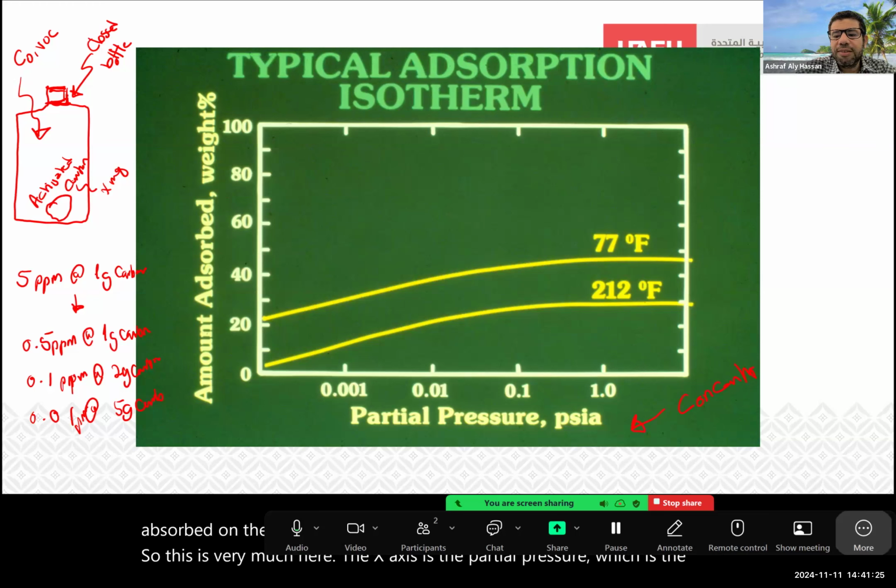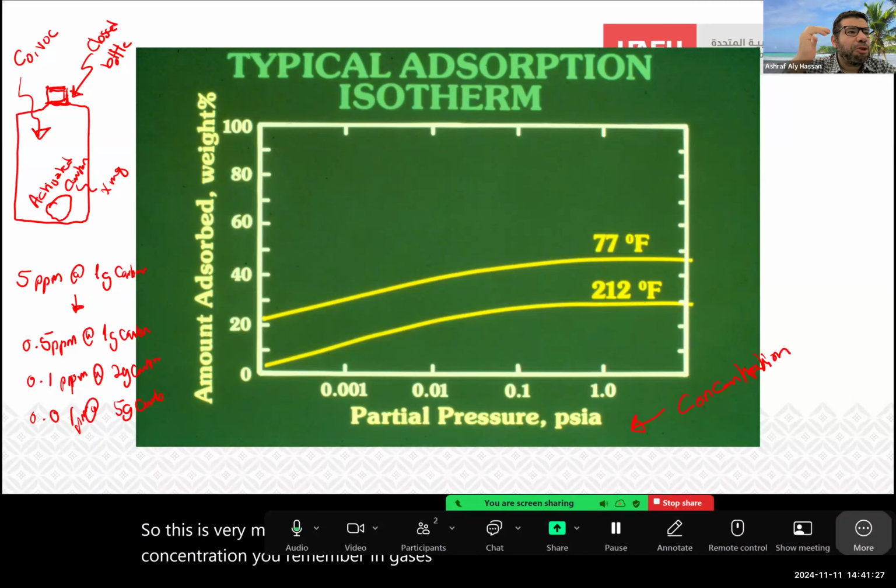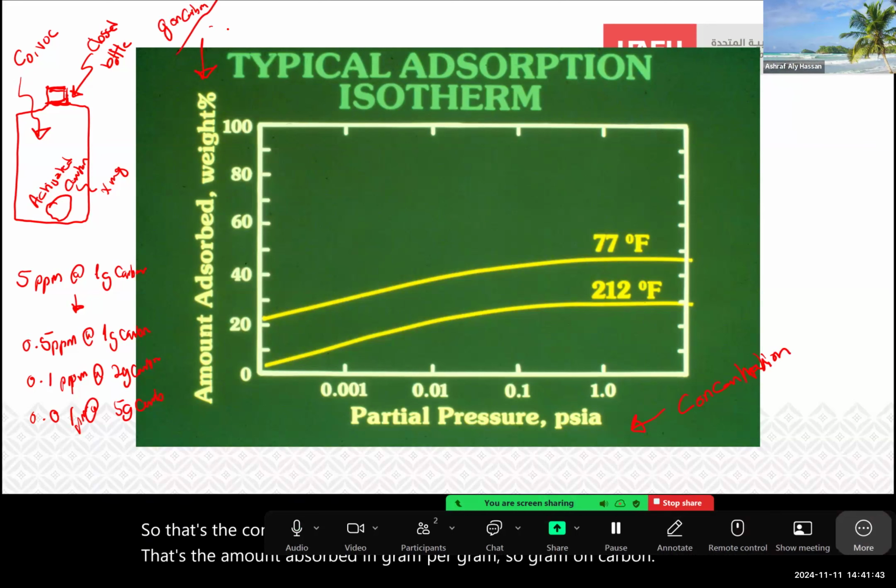You remember in gases, the concentration can be given as parts per million, and can also be given as partial pressure. So that's the concentration on the x-axis. What is the amount on the y-axis? That's the amount adsorbed in gram per gram, so gram on carbon over gram of carbon.